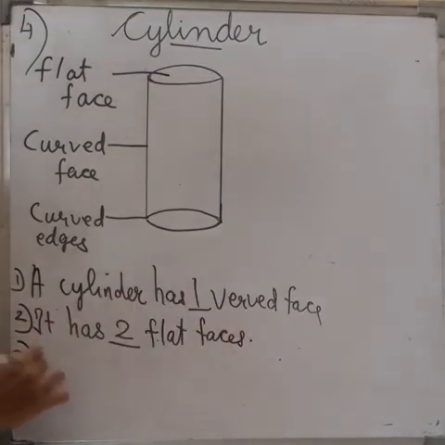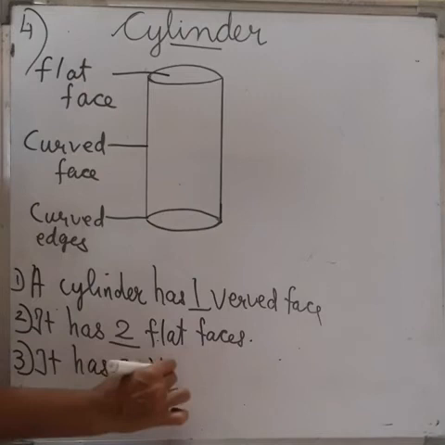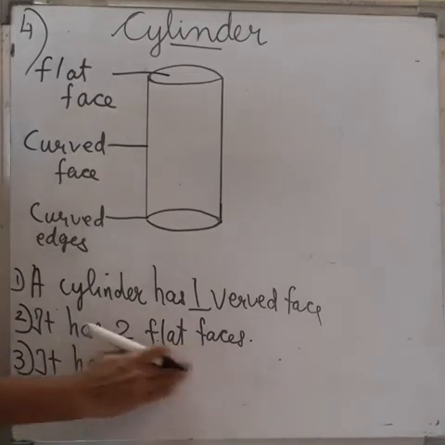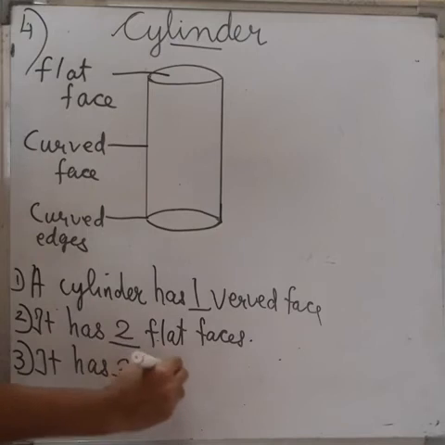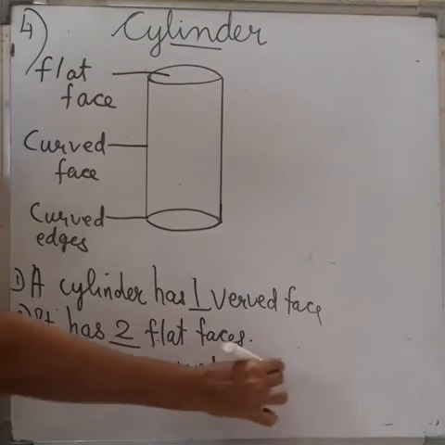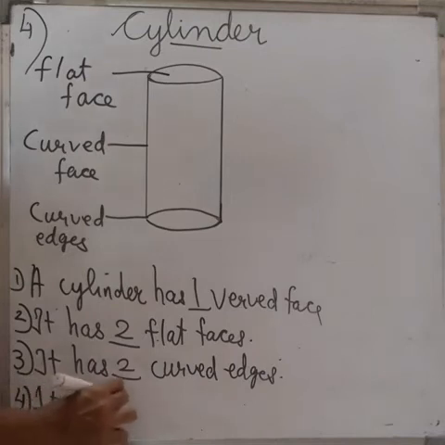Third point is it has two curved edges. And the last point is a cylinder has no or zero vertices.